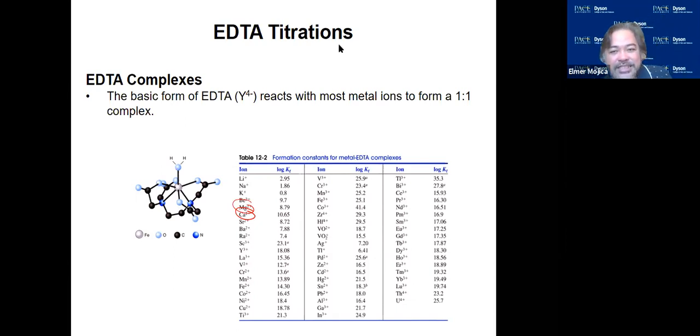Because you have the log Kf. So if I have an EDTA solution and a sample that contains magnesium and calcium, which metal will EDTA preferably bind? Okay, so you have the log10 Kf. So what's the Kf value for that?